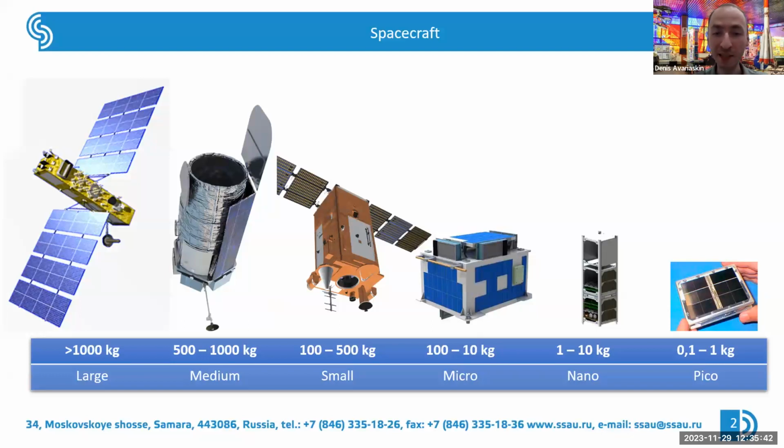And when space exploration started in 1957, the satellites were divided only into three types. They were large, medium, and small satellites. And at that time, small satellites had mass from 100 to 500 kilograms.